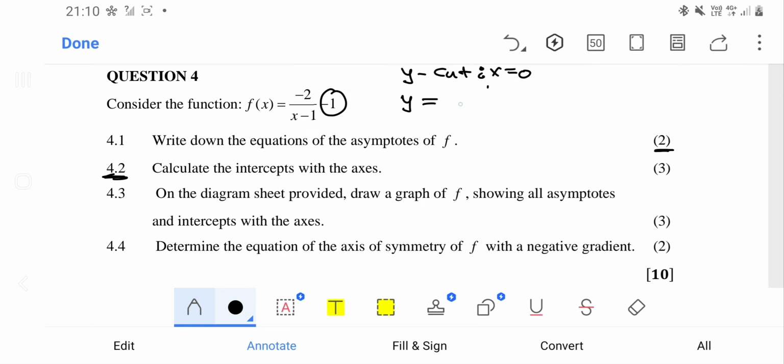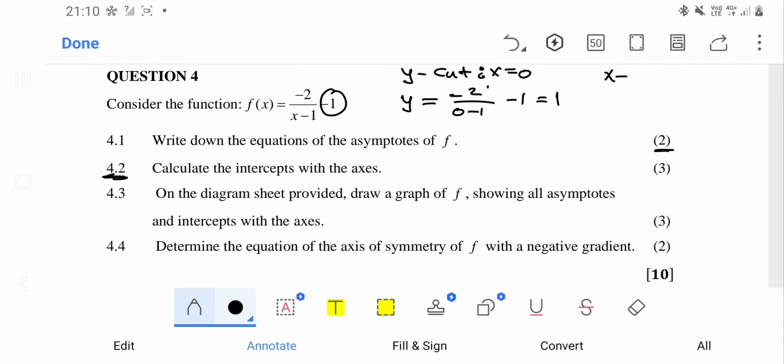So we say y is equal to -2 divided by 0 minus 1, minus 1. So this is the same as what? We know that -2 divided by -1 is +2, minus 1, we get 1. It means the y-intercept is where y is equal to 1 and x is equal to 0.